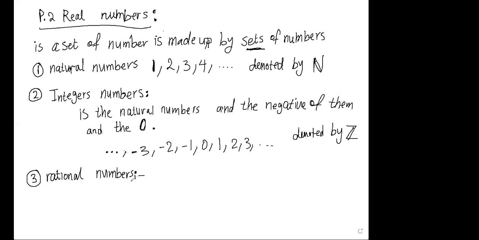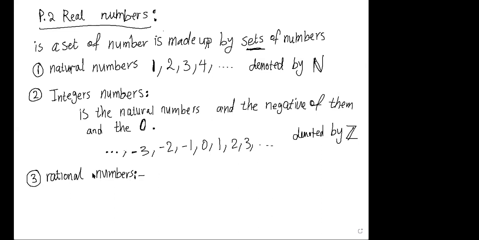Chris, what are the rational numbers? Usually a rational number is something that can be divided. Like 16, 8, 4, usually positive numbers. Exactly. So any two integer numbers divided by each other give me a rational number.